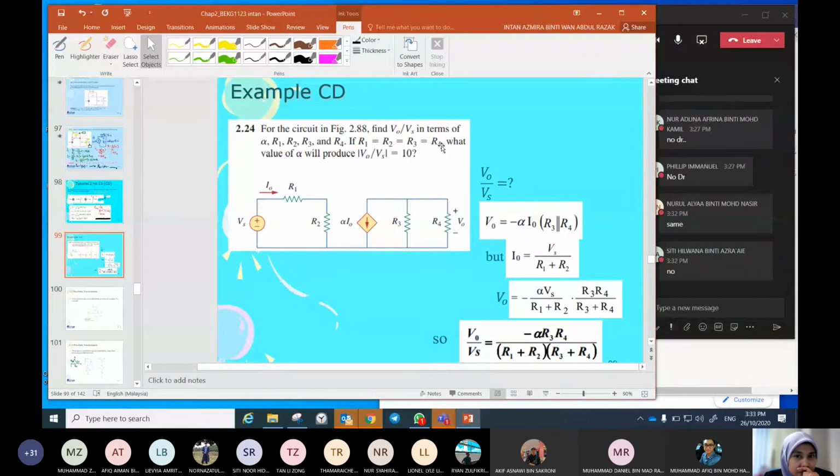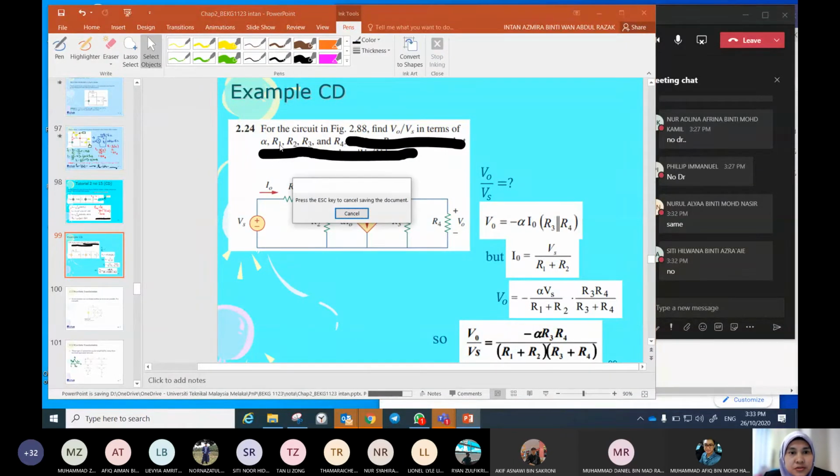Okay, I think ignore this question. Okay, just find V naught over Vs in terms of alpha, R1, R2, R3, and R4. Okay, so please observe the question. We should find V naught over Vs. Okay, at the end, V naught over Vs.